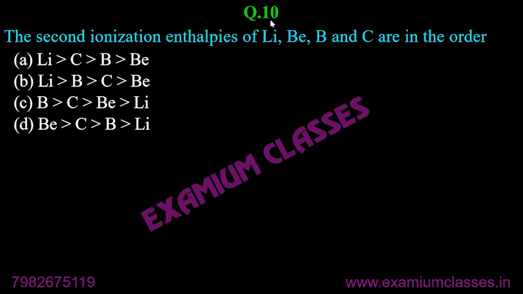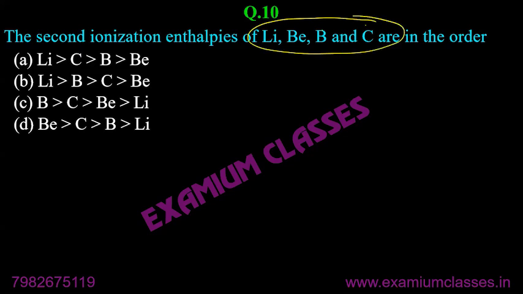Write the electronic configuration of lithium, beryllium, boron, carbon, and then write the configuration after losing one electron. Arna, yes, correct. Pratyush, Atman, are you trying? Now look here. Write first the configuration of all these four.